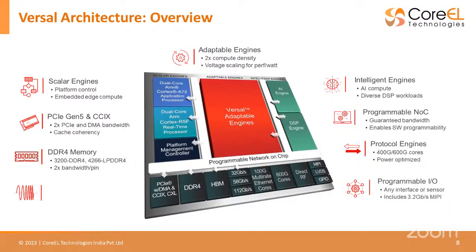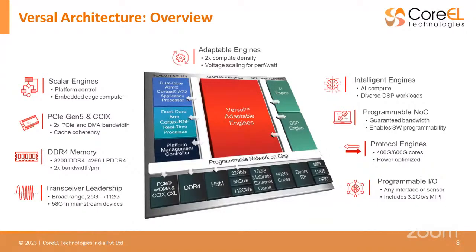Then you have your programmable IOs, the input output resources, right? And also we have the transceivers. The transceivers that are available in the Versal architecture are industry leaders as we speak. All the way from 25 gigabits to 112 gigabits is the transceiver capability available to us on the Versal chip.